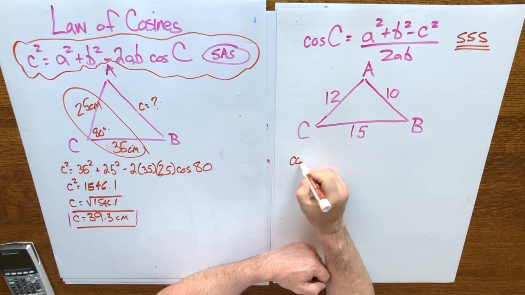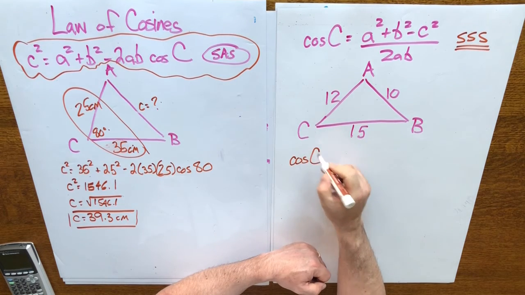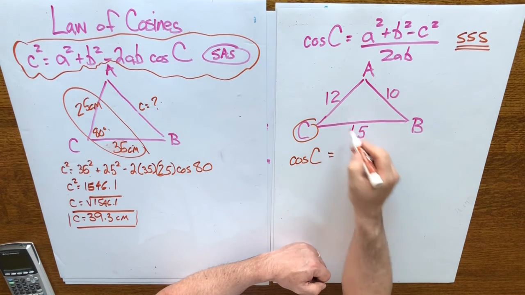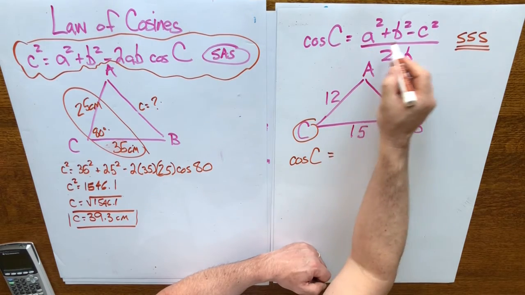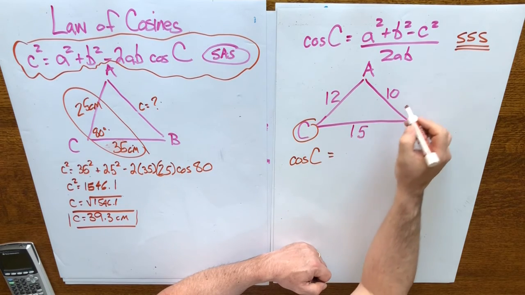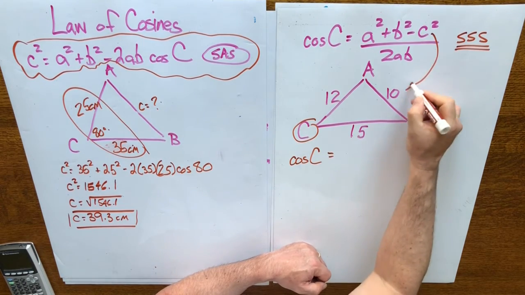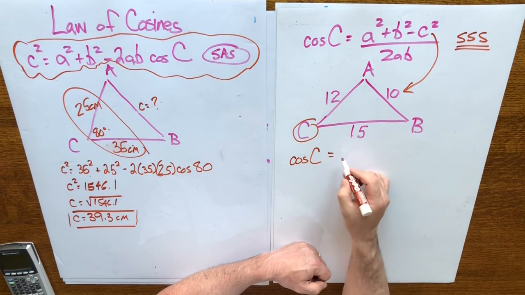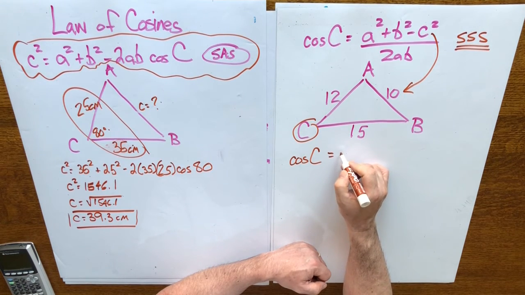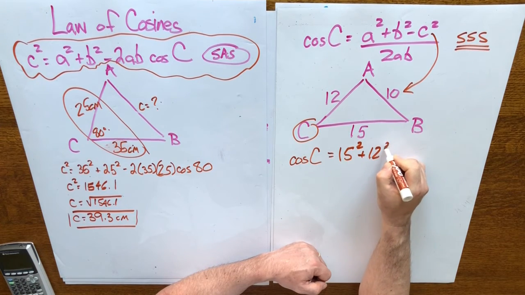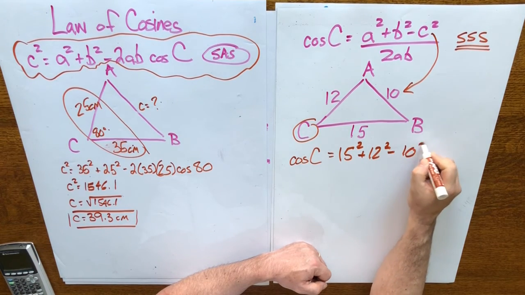It says the cosine of angle C is equal to, and then you just want to use these two sides. Now it says a squared plus b squared, but it wouldn't matter if you did 15 squared plus 12 squared. The main thing is this has to be this number right here. The other numbers, it doesn't matter where they go. So we would have 15 squared plus 12 squared minus 10 squared.